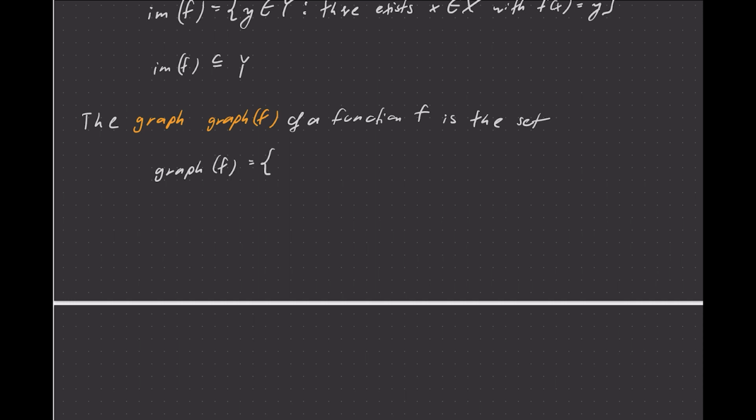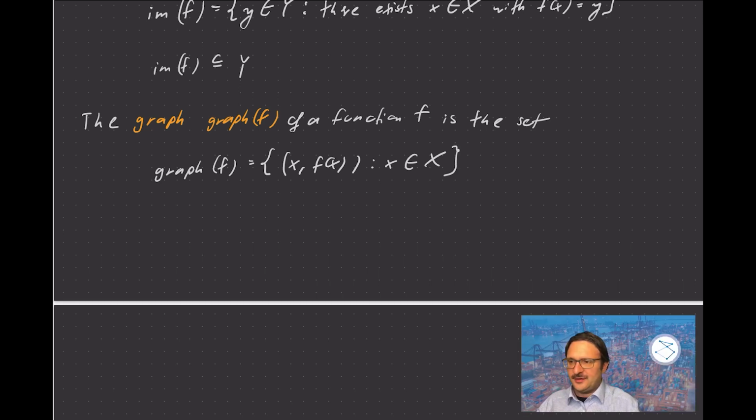Well, it's a set of tuples that consist of a possible input value x and its corresponding function value f of x. You just form tuples, and you do that for all x in the domain, and that is the graph. Okay, so x value, if you want to, the input value on the left of the tuple, and the output value on the right of the tuple, f of x, and the points that you can form this way, that's called the graph of a function. You're most probably familiar with that.